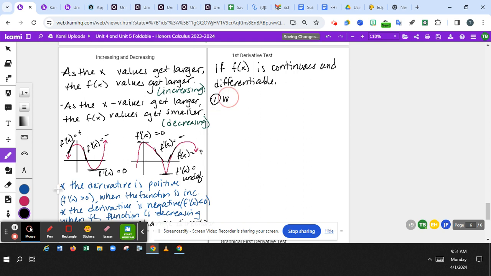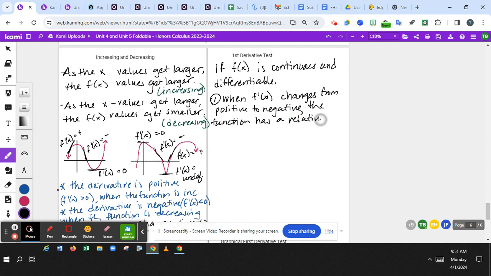So when the derivative changes signs, changes from positive to negative, the function has a relative maximum. And remember, another word for relative is local.